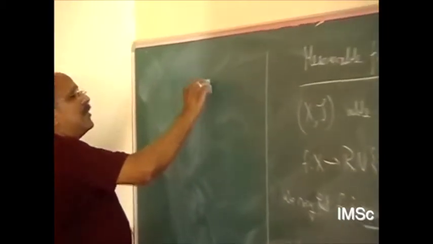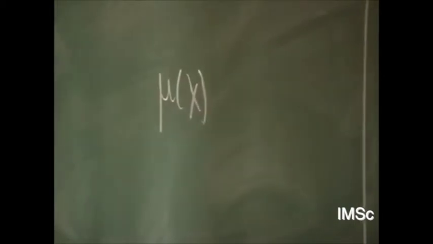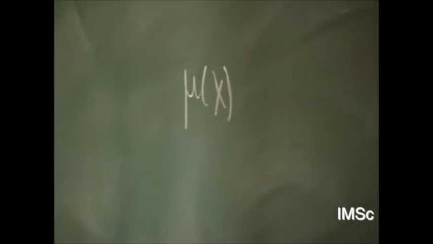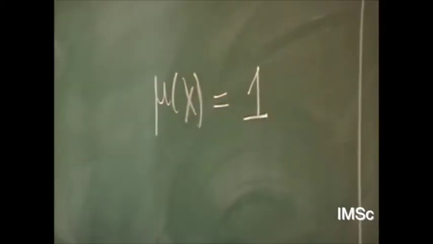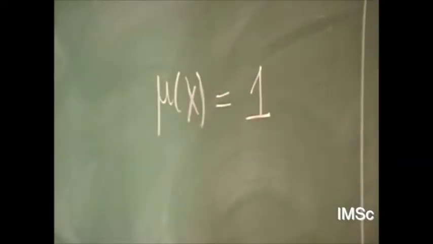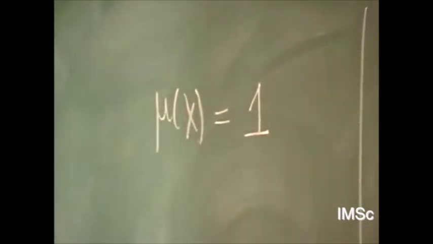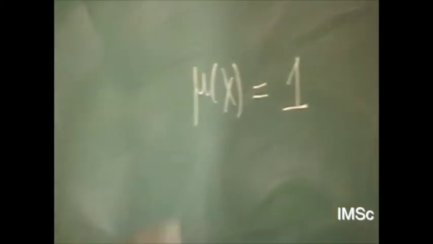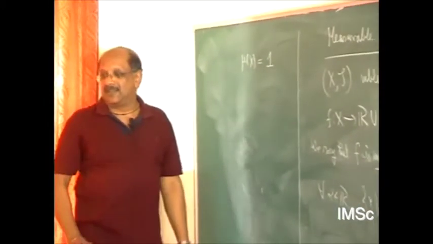If μ(X) is finite, so every set has finite measure, we say μ is a finite measure. A particular example is suppose μ(X) equals 1. Okay? Then you call it a probability space. Because probability theory is essentially measure theory.